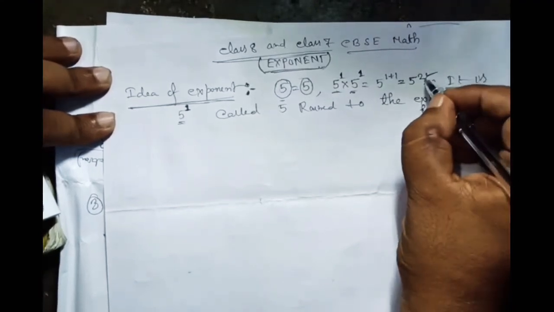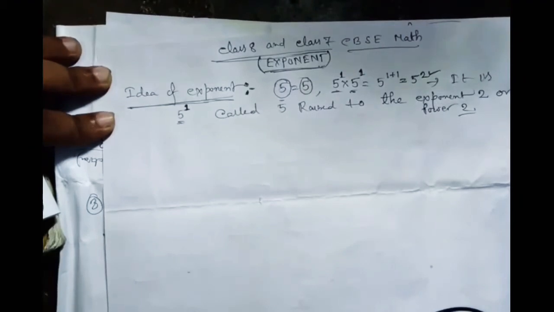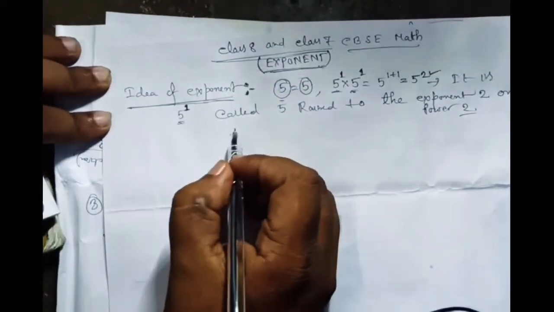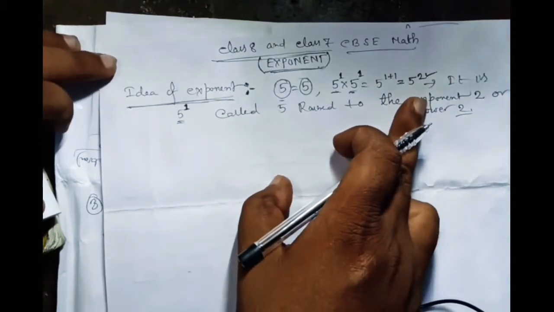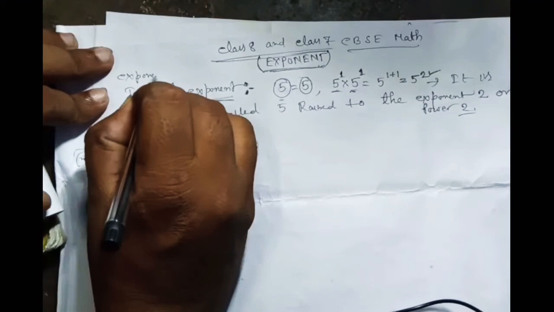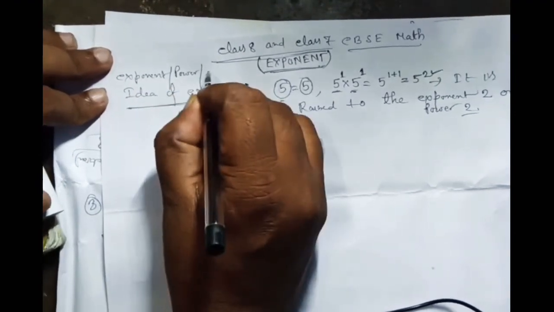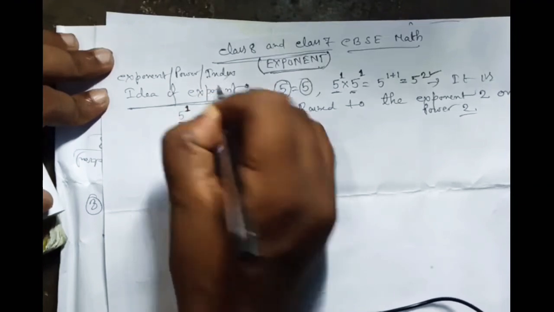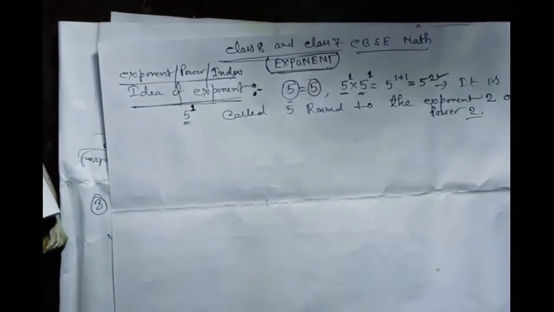This 2 is called the exponent or power, or it is called the index of a number. So exponent, power or index are all the same words and are used for the same thing.